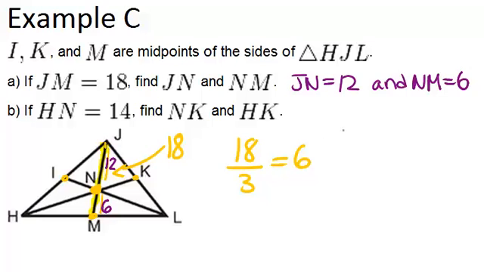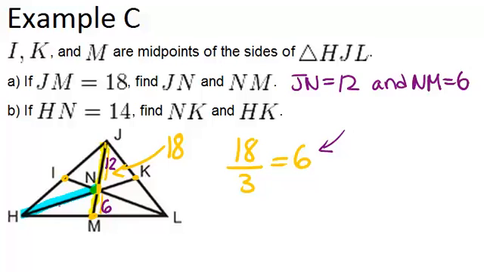And keep in mind this trick for figuring out how long 2/3 is. Just divide the number by 3 and that will give you 1/3, and double that and you have 2/3. Part B says if HN, which is this part right here, equals 14, find NK and HK. So HN is the 2/3 part of the whole segment HK.